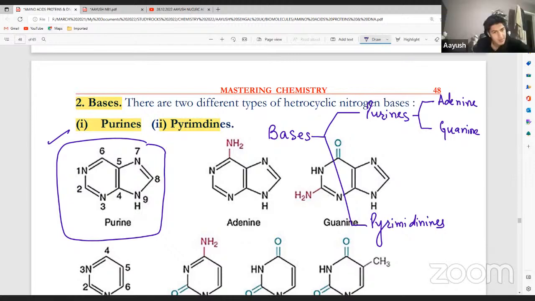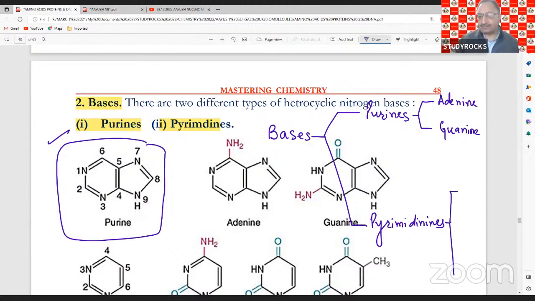Then pyrimidines are of three types: cytosine, thymine, and uracil.